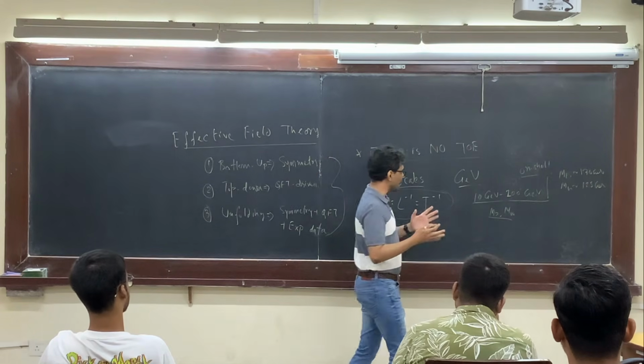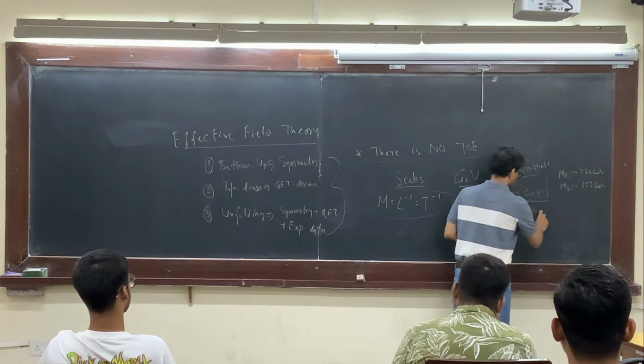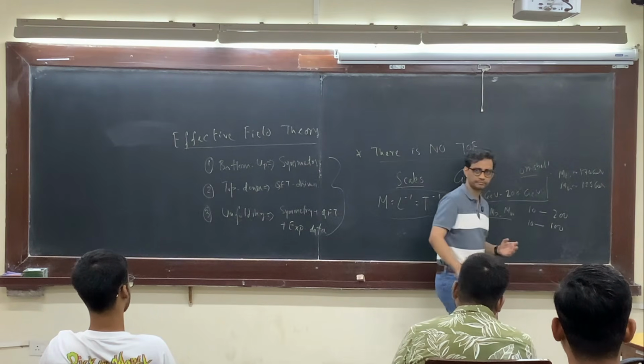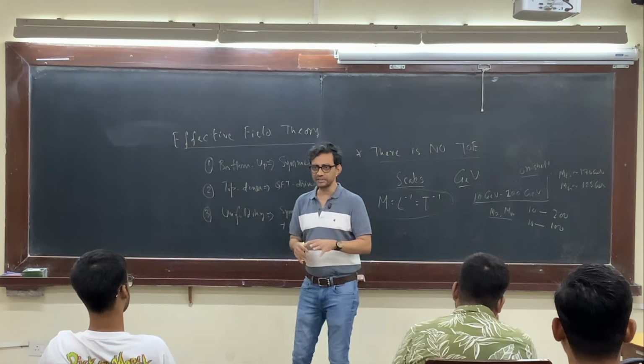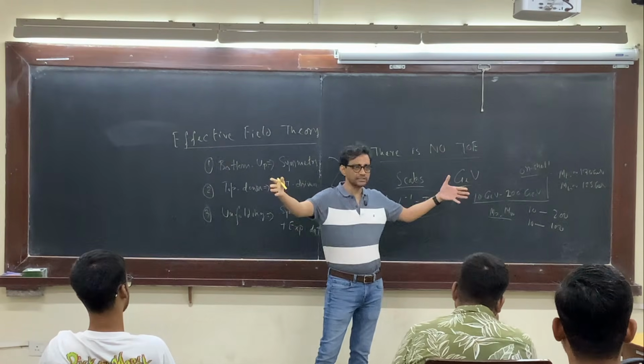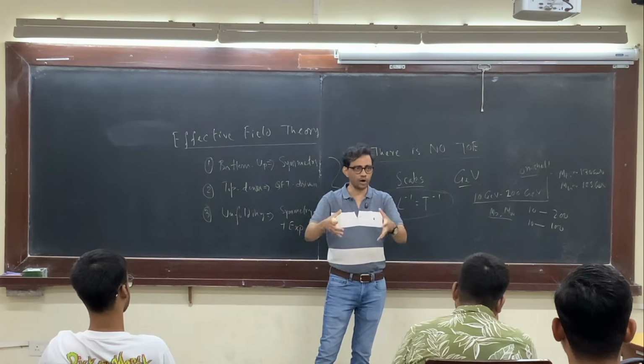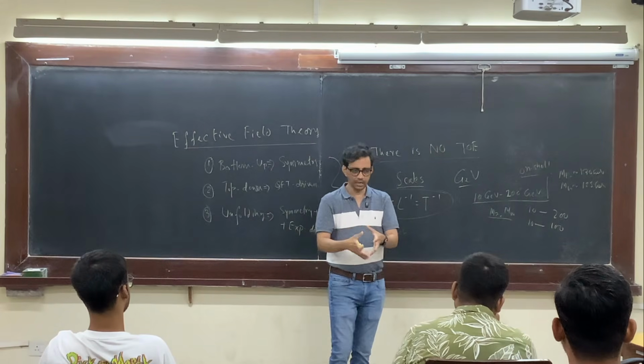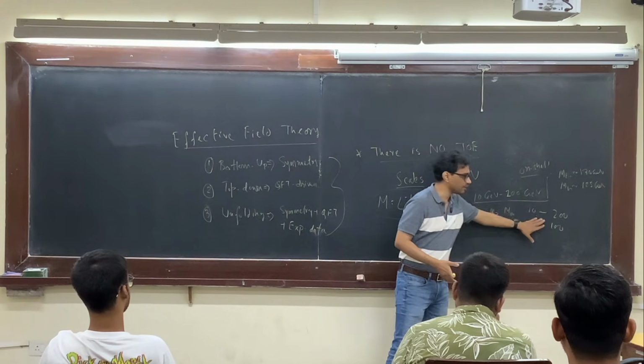So that means I have, let's say, two theories: one between 10 to 200 and another 10 to 100. The difference is that over a wider range of energy scale, I can incorporate more and more degrees of freedom, higher, heavy degrees of freedom, because the lighter degrees of freedom are common to both.